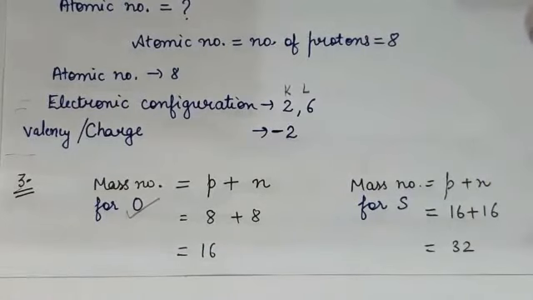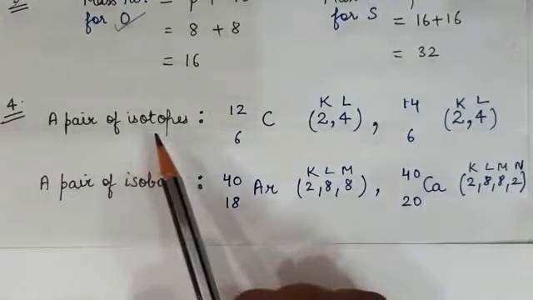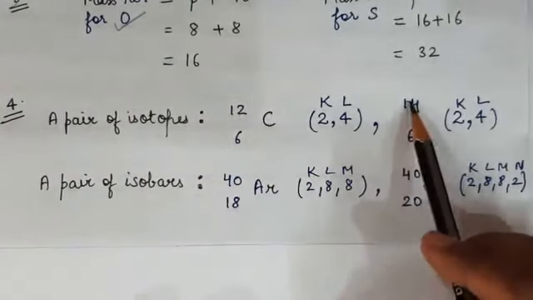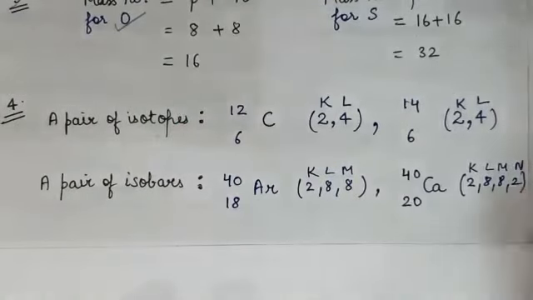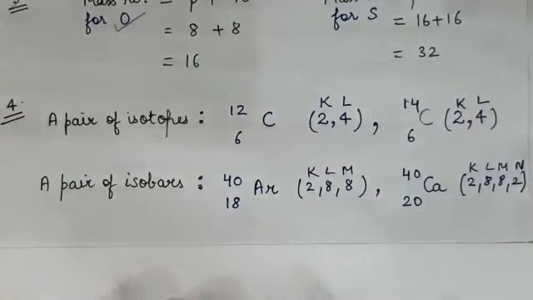Next question is, write down the electronic configuration of any one pair of isotopes and isobars. So what is the example of isotopes? 12,6 carbon and 14,6 carbon. Okay.